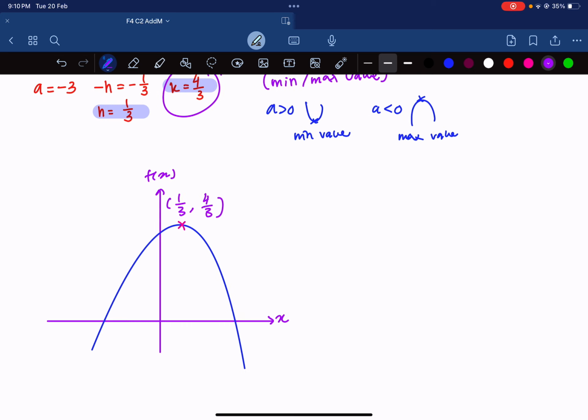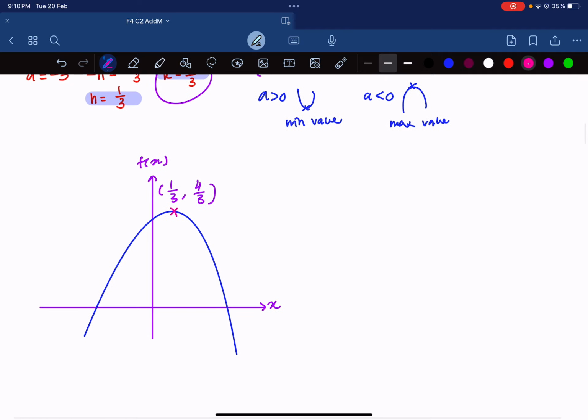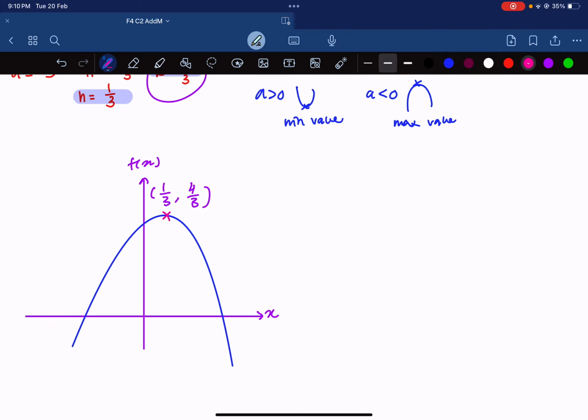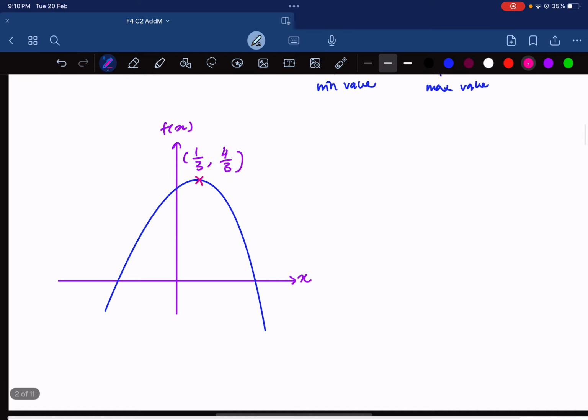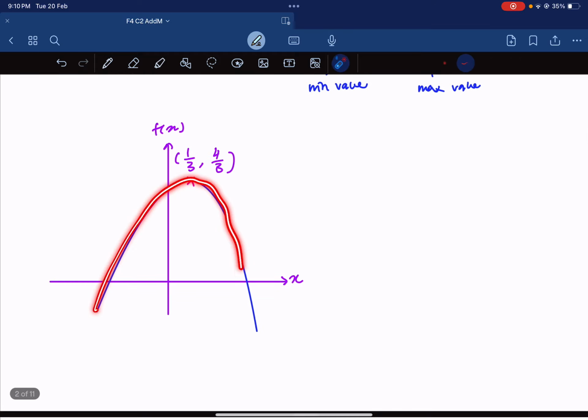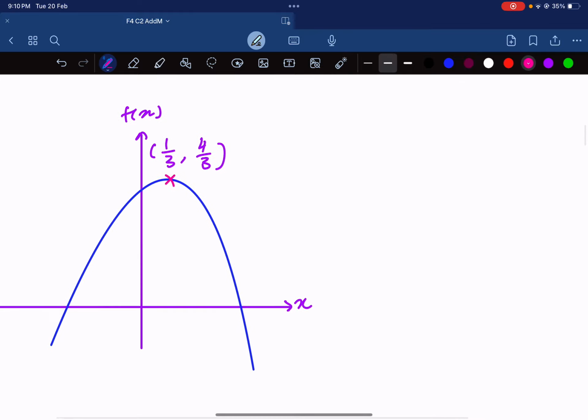Paksi simetri tu macam mana pula? Paksi simetri tu is basically a line that divides your curve into two symmetrical shapes. Symmetry tu maknanya dekat sini is directly in the middle lah.